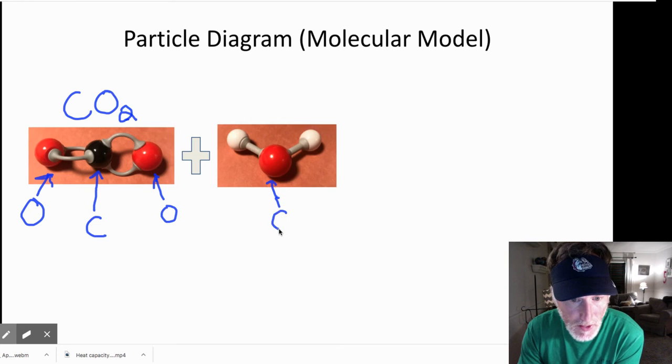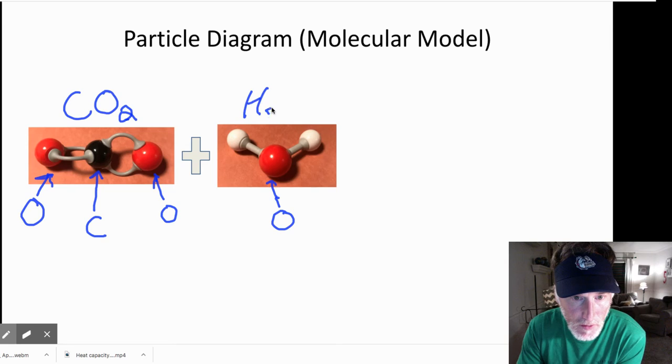And then H2, so we have the 2 hydrogens, which are right here. By the way, this is water, H2O. So we have a hydrogen atom there and another hydrogen atom there. Okay, so there's our water.